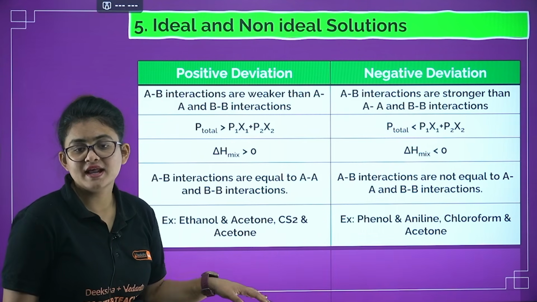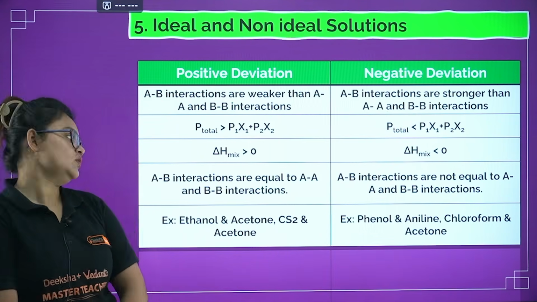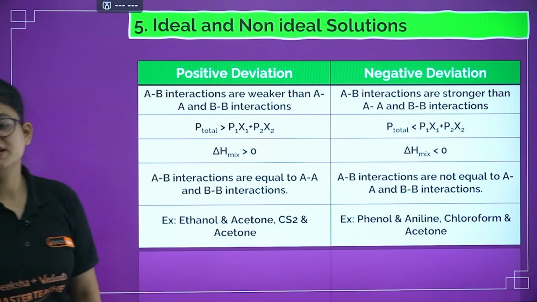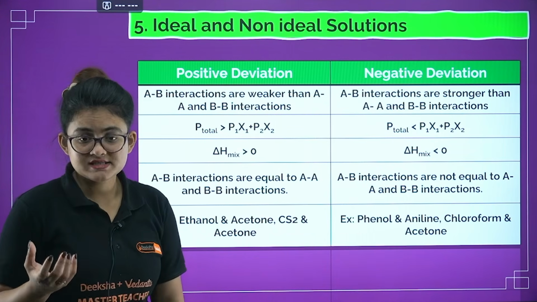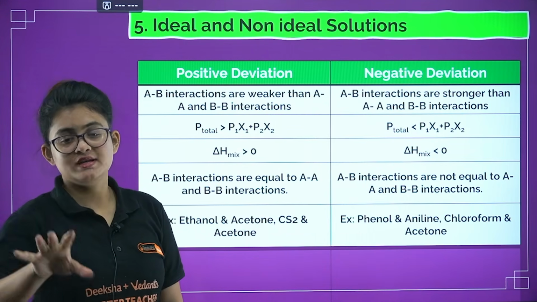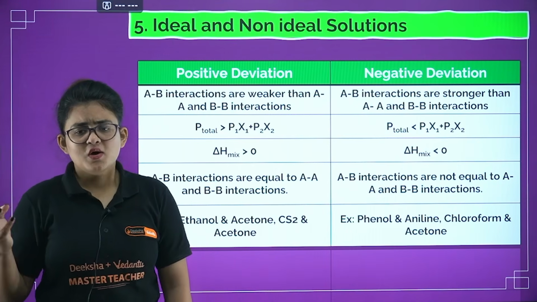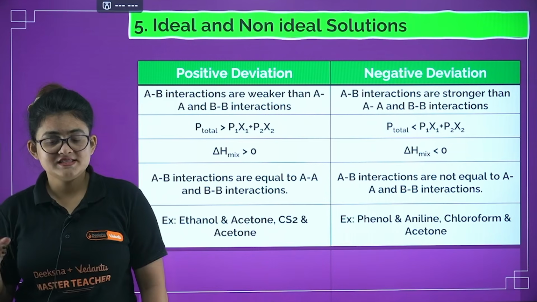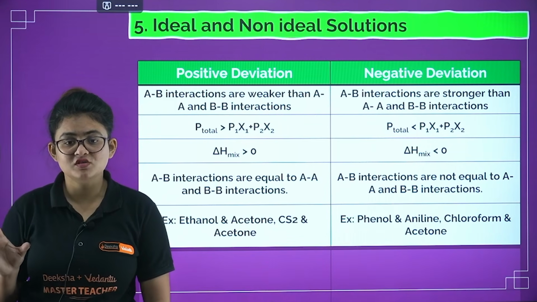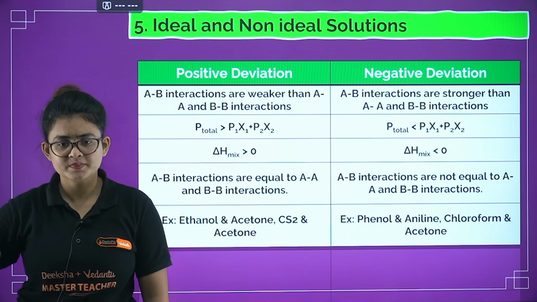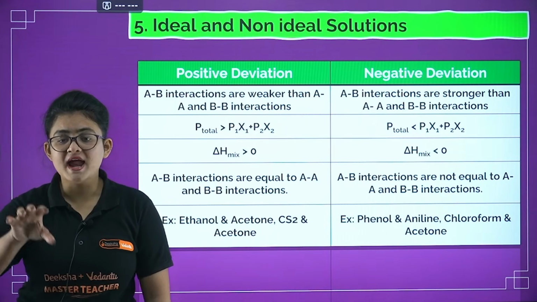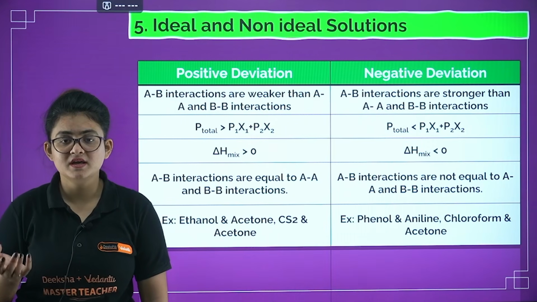You can see ethanol and acetone. So let me just tell you about it. Individual ethanol has very nice hydrogen bonding, and acetone has very nice dipole-dipole interaction, a polar molecule, right? So the individual interactions, ethanol-ethanol and acetone-acetone, are very strong. Now if you are mixing ethanol and acetone, what is basically happening?